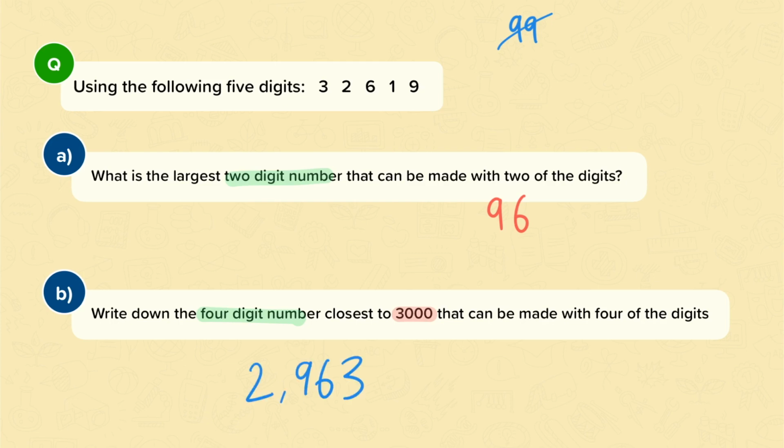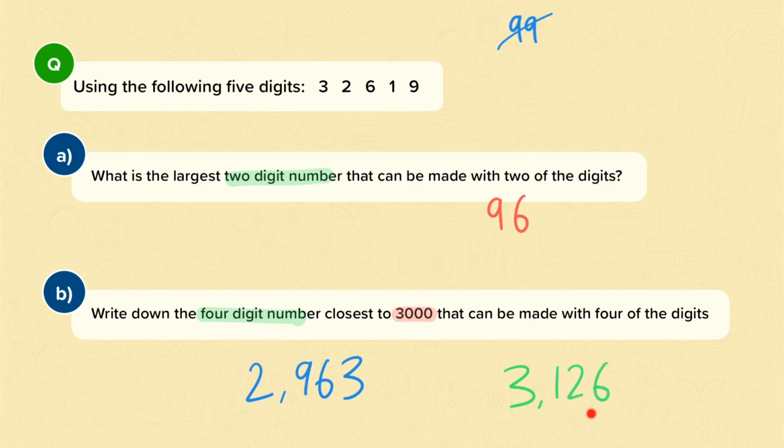Now, very well done if you got the answer 2,963. That's the closest 4-digit number. Now, I can see why you might have wanted to start with a 3. Well, if we go down that road, we'd have 3,126.